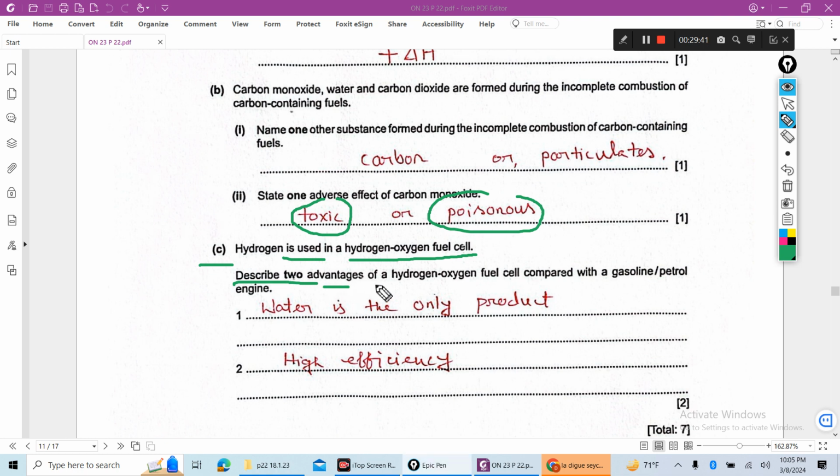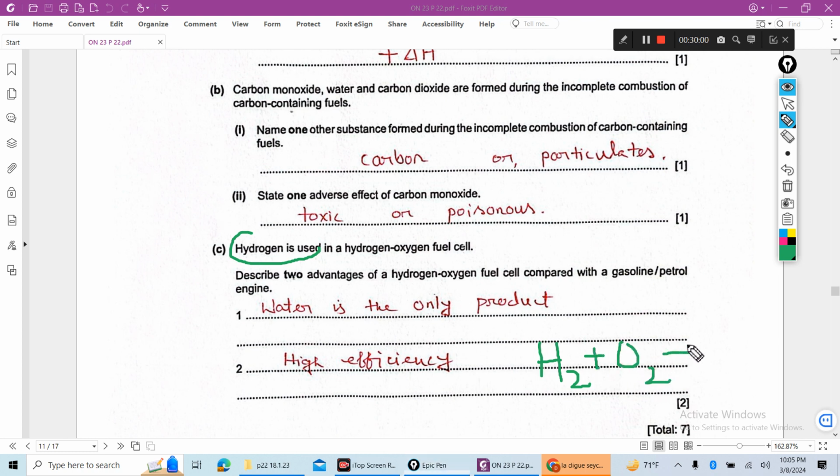See, hydrogen is used in a hydrogen oxygen fuel cell. Describe 2 advantages of a hydrogen oxygen fuel cell compared with the gasoline petrol engine. Hydrogen fuel cell means hydrogen fuel burns in oxygen to produce water. Water is the only product, plus heat is produced.